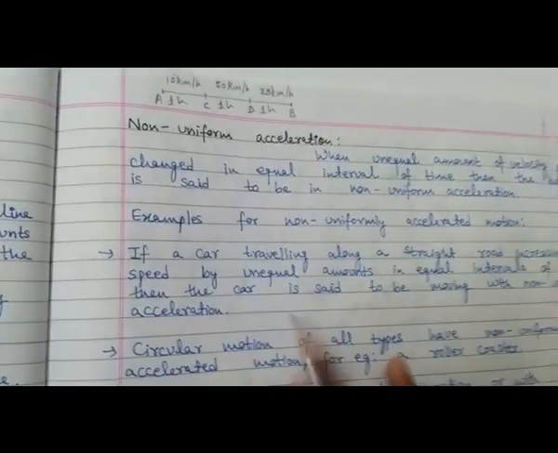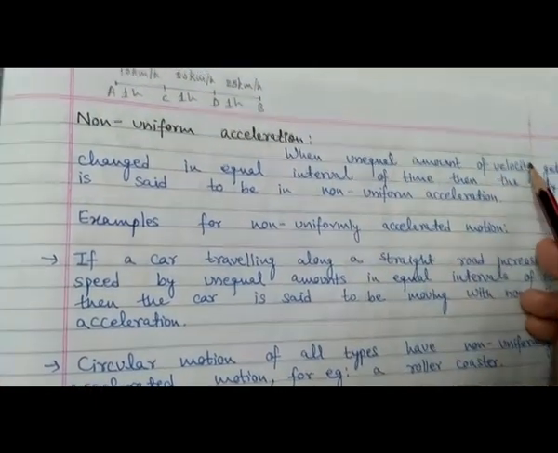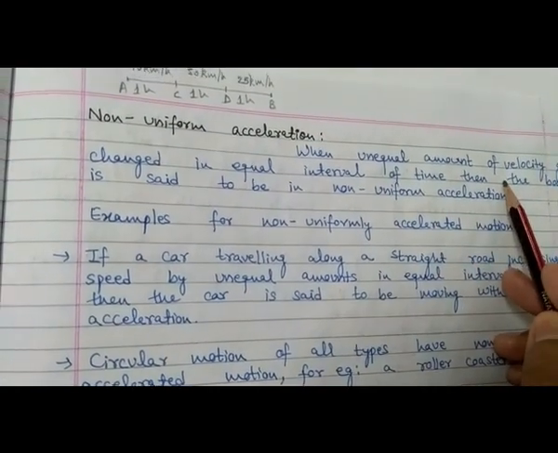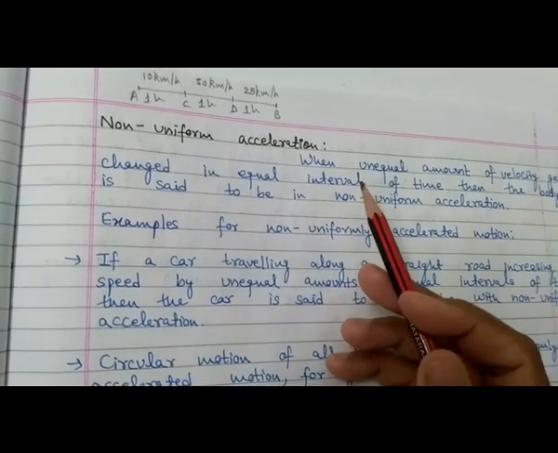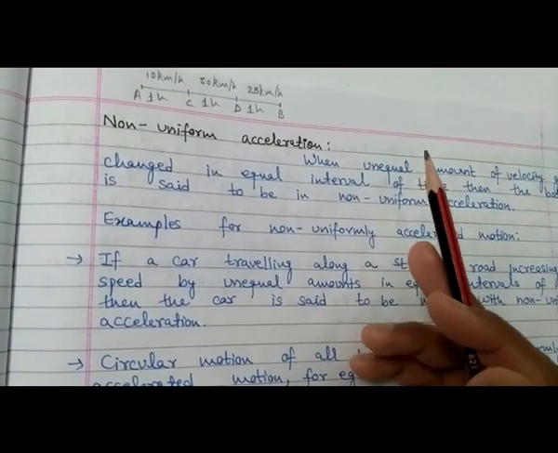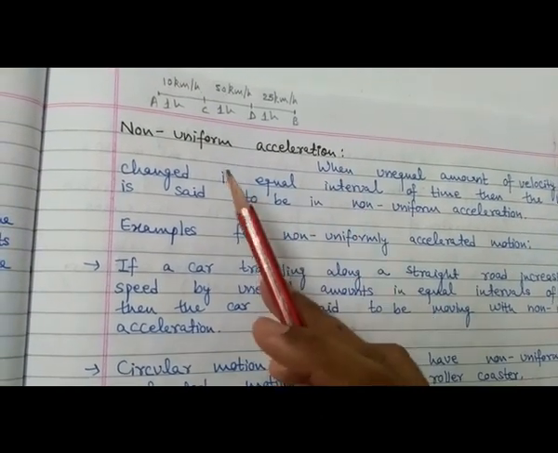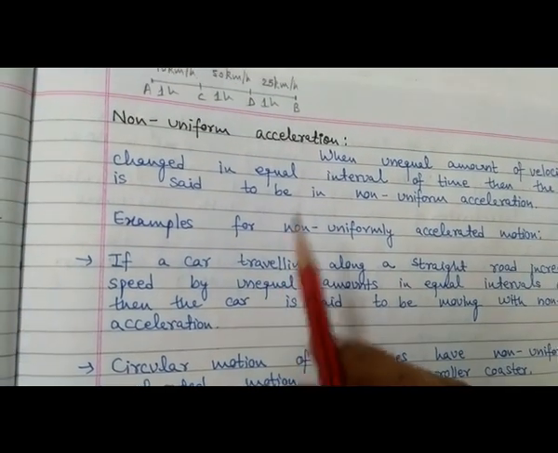Okay, now when an unequal amount of velocity gets changed in equal interval of time. Remember students, every time in every definition, whenever you see the term uniform or non-uniform, you will always compare everything with equal interval of time only.